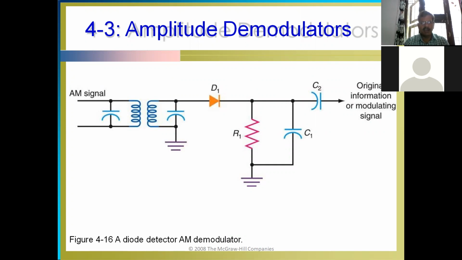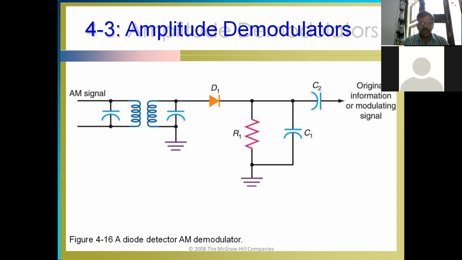So that circuit diagram is a diode detector or diode AM demodulator. So in this circuit diagram, the AM signal is fed to this tank circuit and diode, and we measure the output, that is the original information, across the capacitor C2.